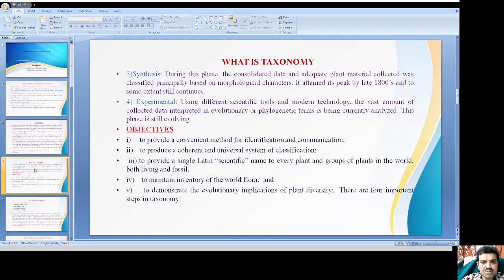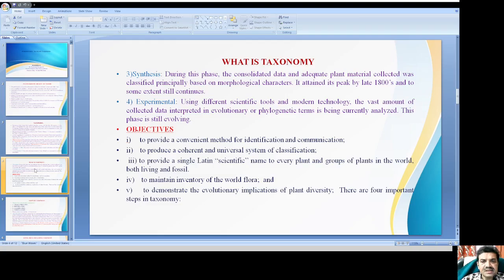Now, plant taxonomy, like other sciences, also has some definite objectives. What are the objectives? First, it provides a convenient method for identification and communication. Unless we identify the plant, we cannot communicate to the stakeholders. It produces a coherent and universal system of classification.